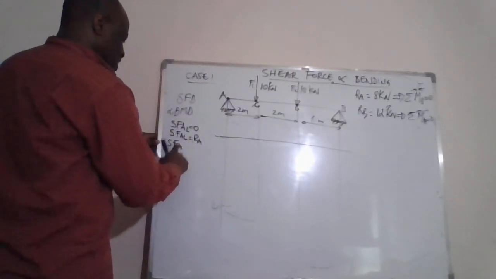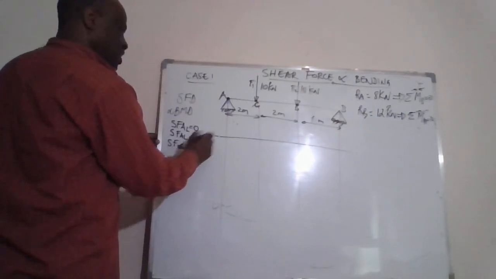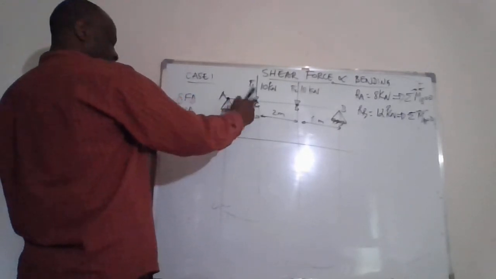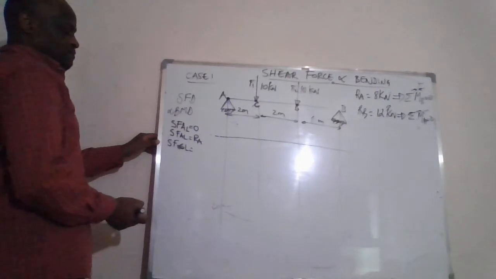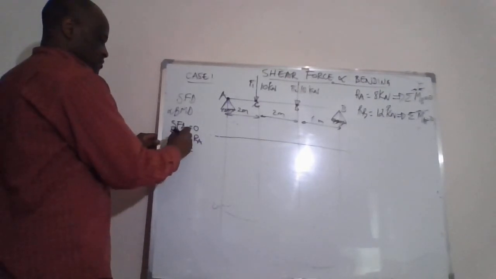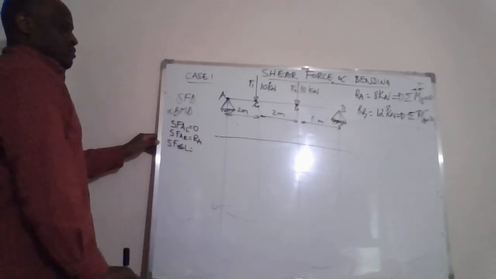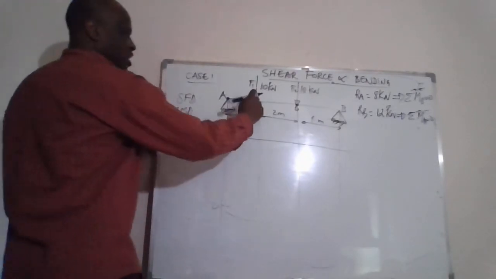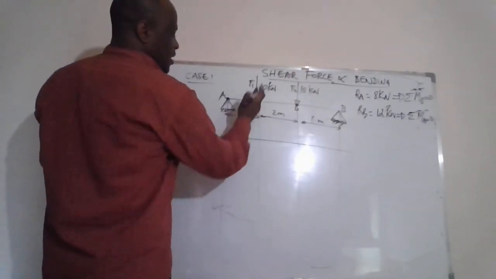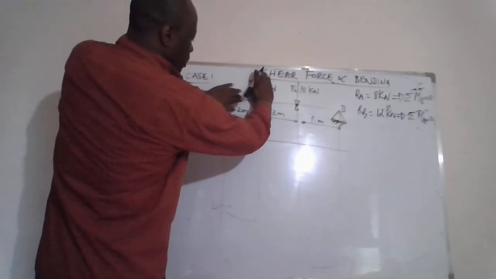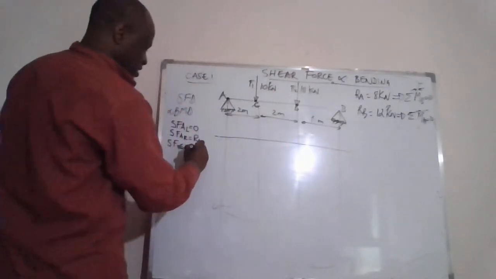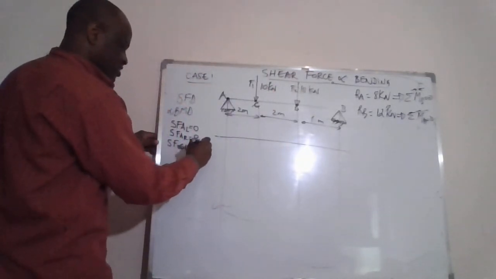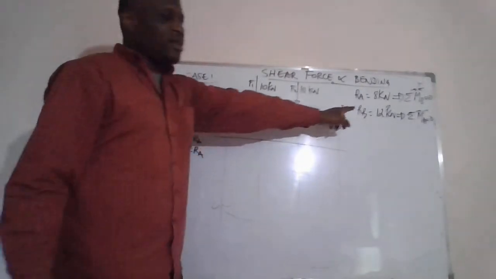Left of C. You will see that the left of C is the same as the right of A. What is the left of C? This is C. I put my hand on C, and what is remaining on the left of C? Everybody will see that it's the reaction. And we've already calculated the reactions.